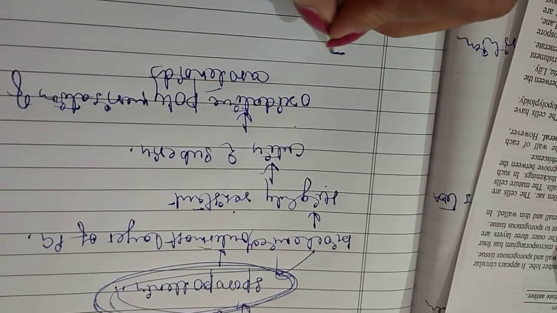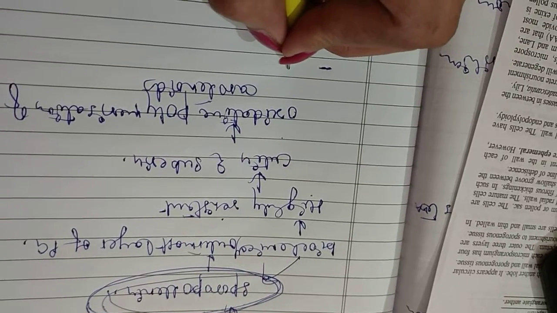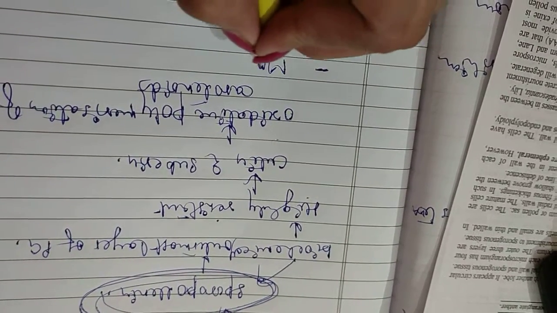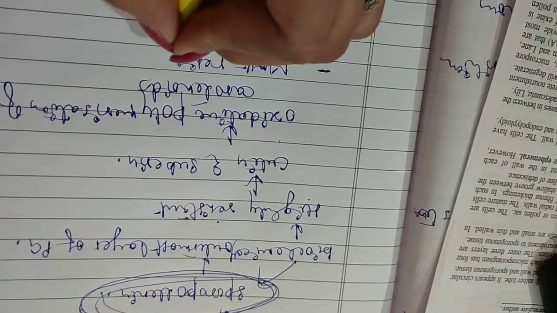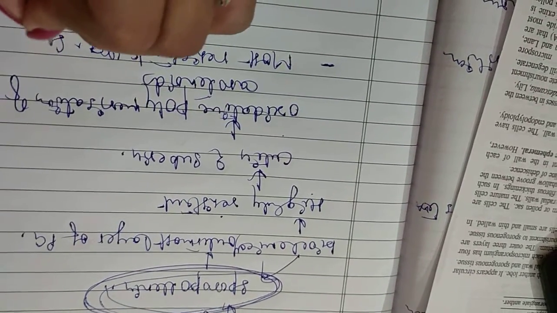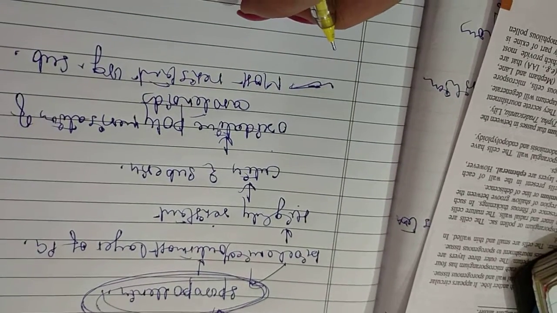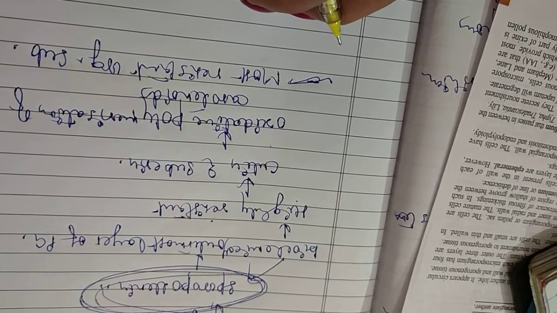And sporopollenin is one of the most resistant organic substances. So the point to remember: it is one of the most resistant organic substances.